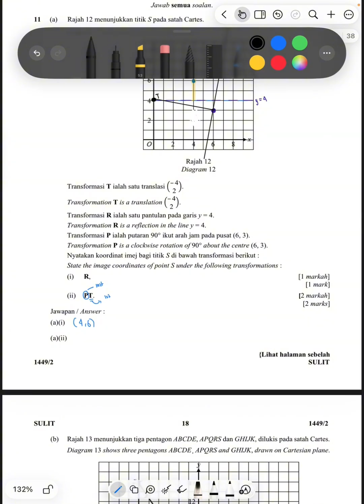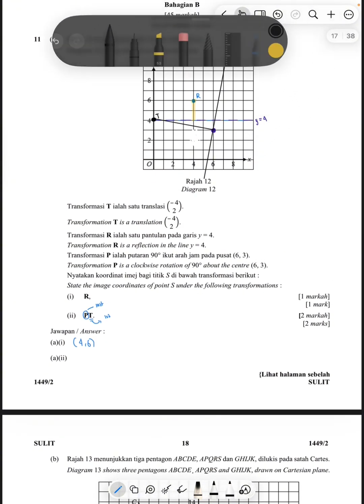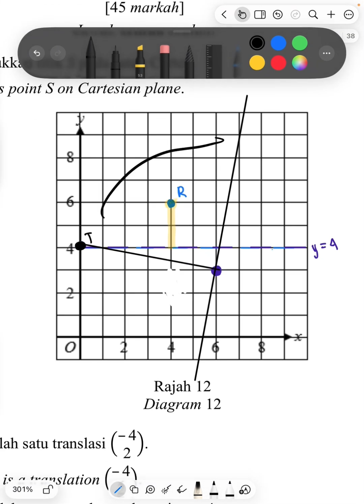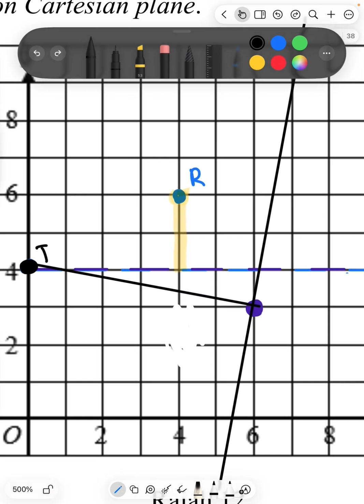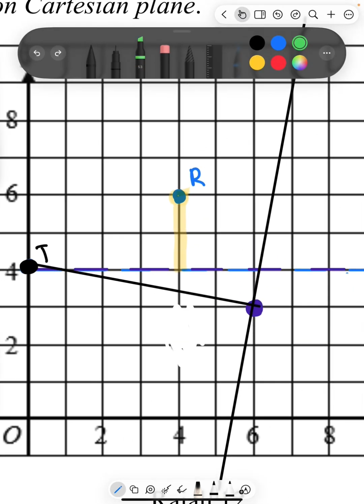Now they want clockwise. Hopefully you guys know that clockwise is this side, anti-clockwise is this side. So now clockwise. What I like to do, I count here. From here there's 1, 2, 3, 4, 5, 6 boxes.